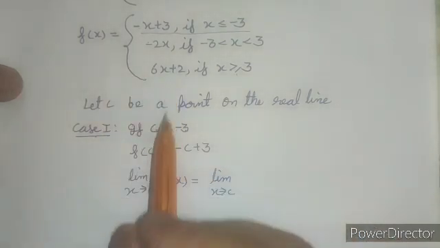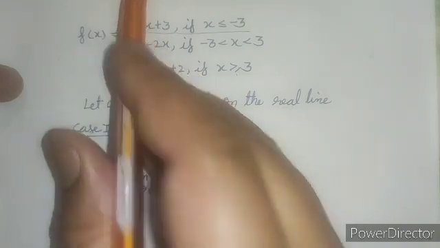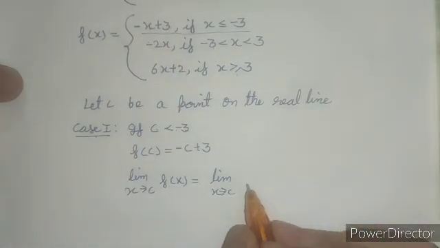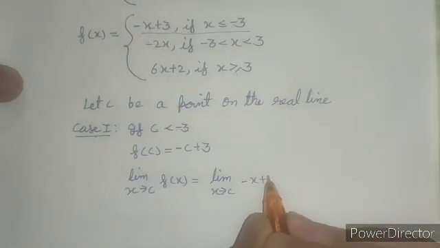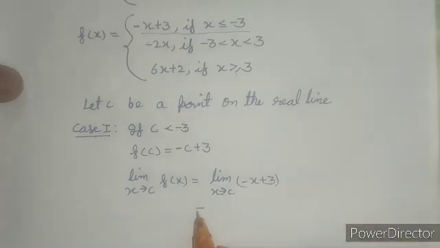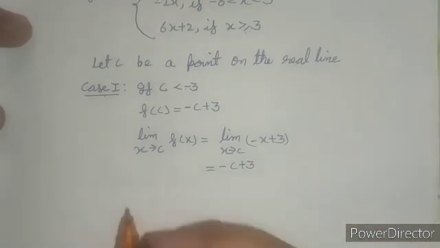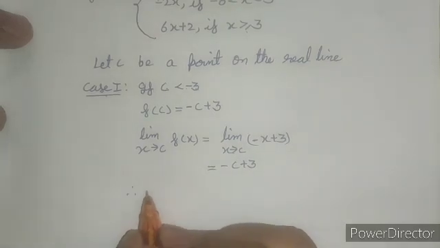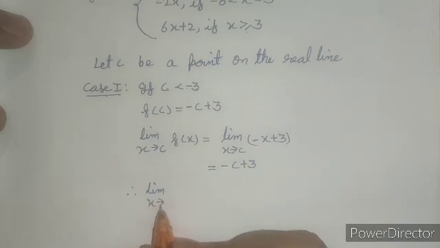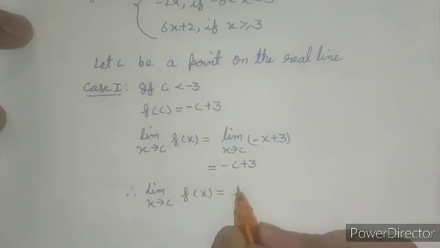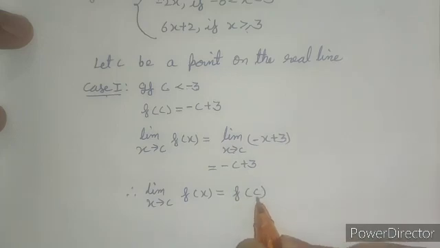Now f(x) for values less than minus 3 was minus x plus 3, and that will be minus c plus 3. Now as, or you can say here, limit x tends to c f(x) is equal to f(c).